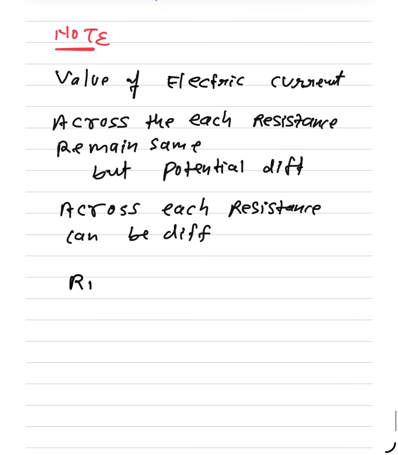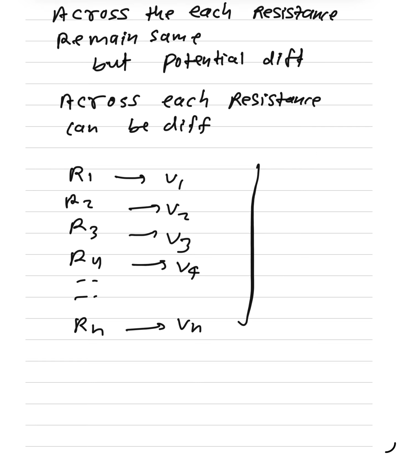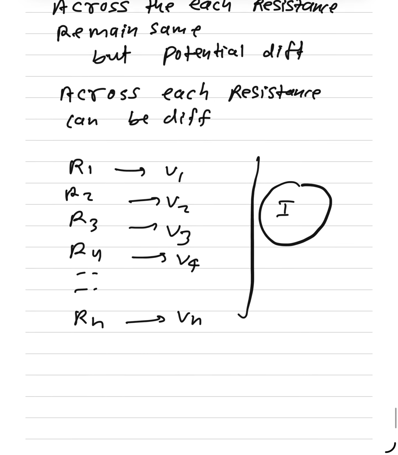Meaning resistance R1, R2, R3, R4, and similarly Rn. Potential differences V1, V2, V3, V4, and similarly Vn, and the value of electric current for each resistance remains the same.